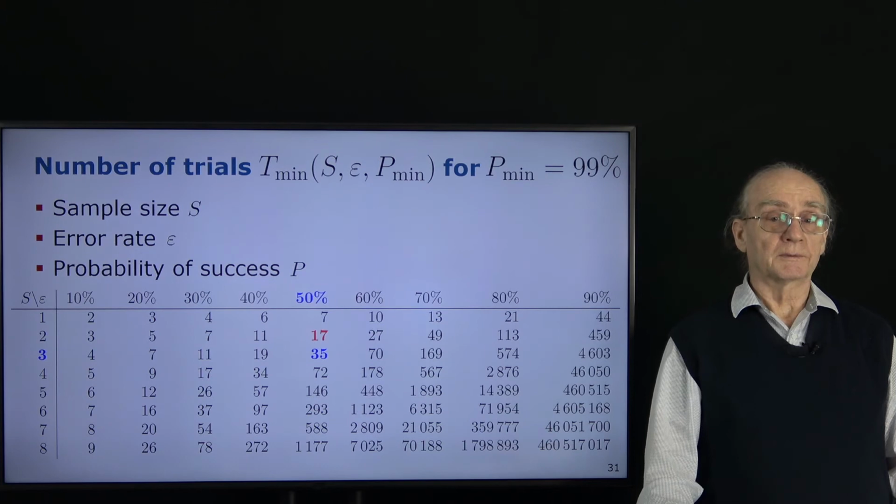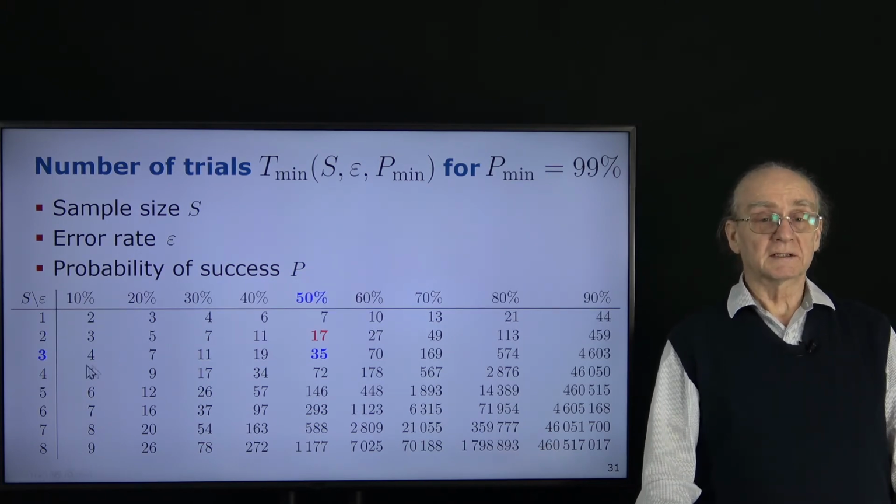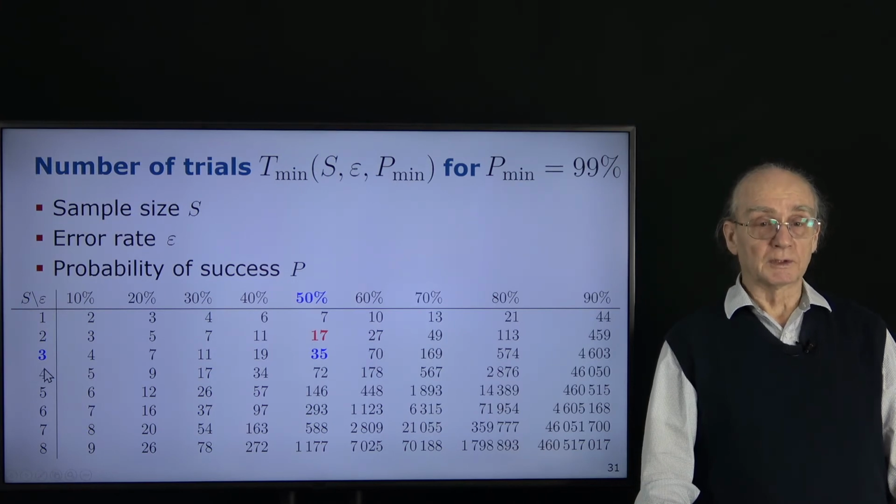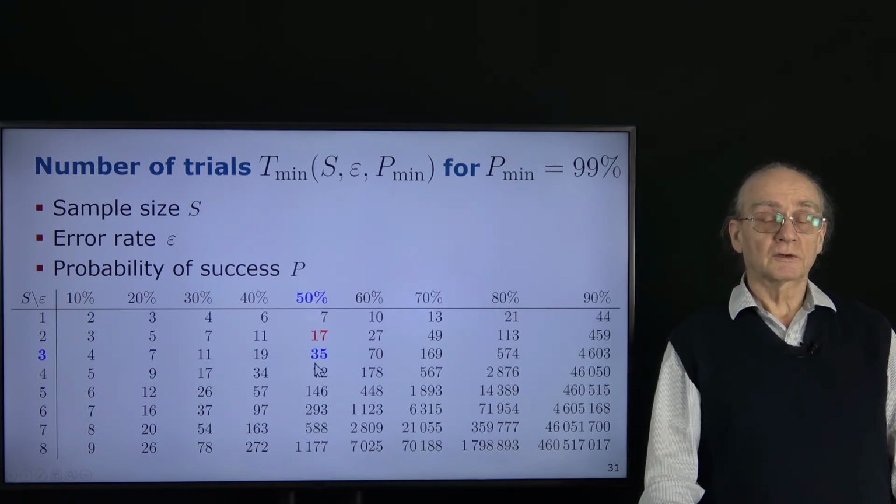This is the reason why we had this 17 there. Now let's go to the second case. For the 3D similarity, we need 3 points, and in case of an outlier ratio of 50%, we have to take at least 35 trials.